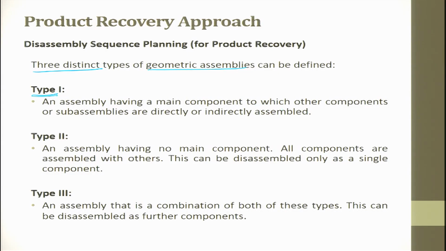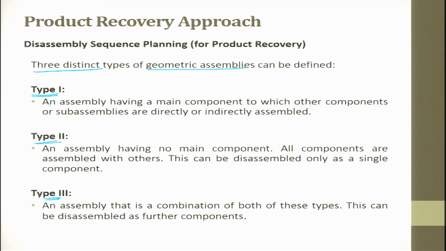Type 2 is any assembly having no main component, where all components are assembled with others; this can be disassembled only as a single component. Type 3 is an assembly that is a combination of both of these types, and this can be disassembled into further components.